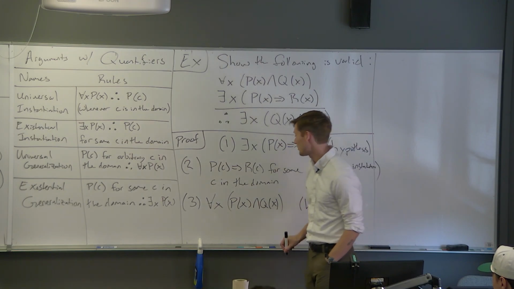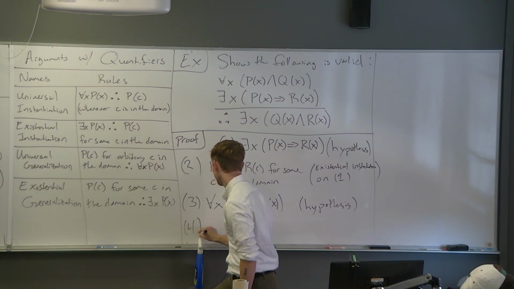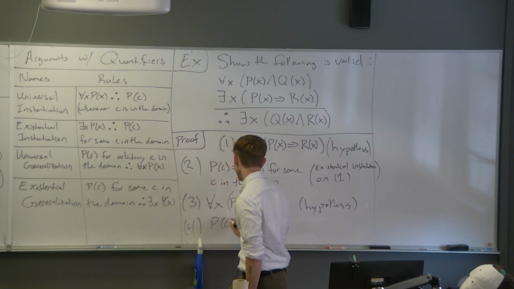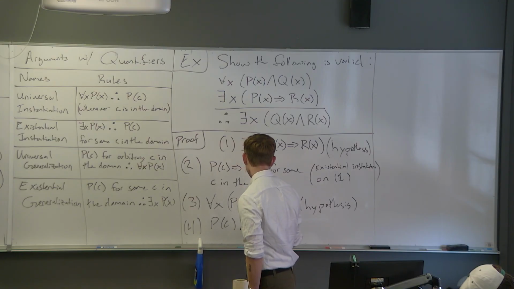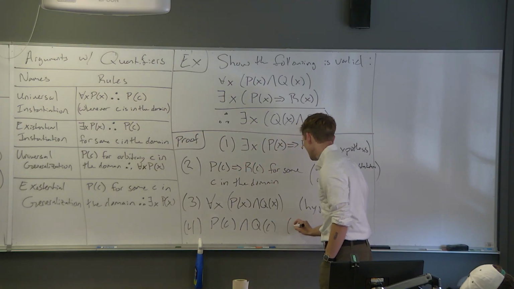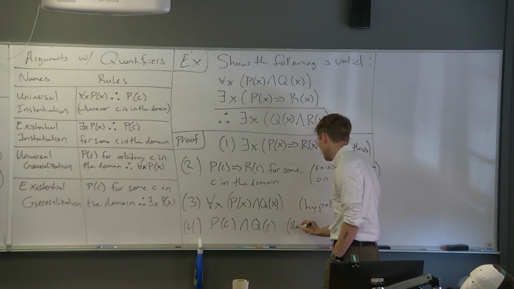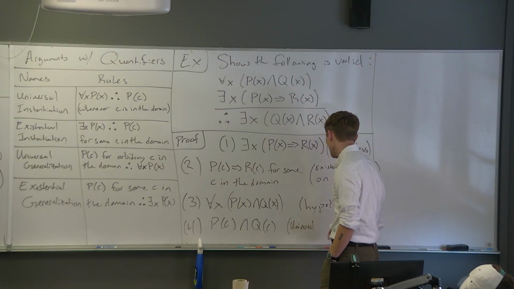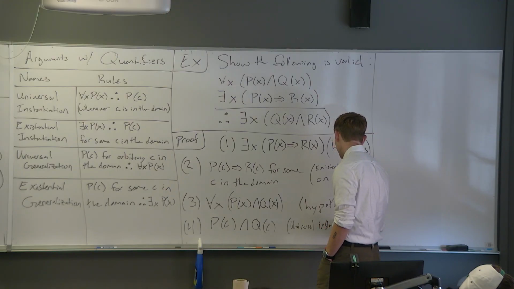Okay, so I'm going to say, hey, p of c and q of c, universal instantiation on 3.